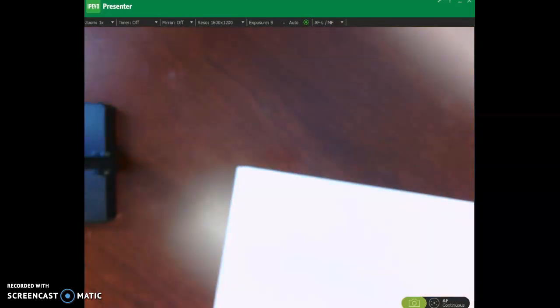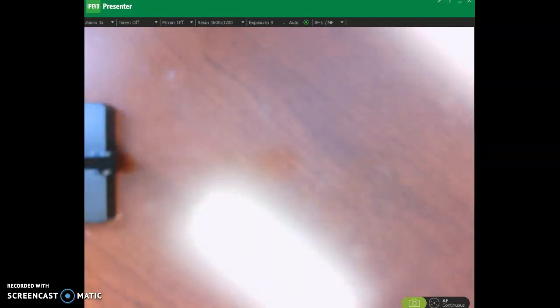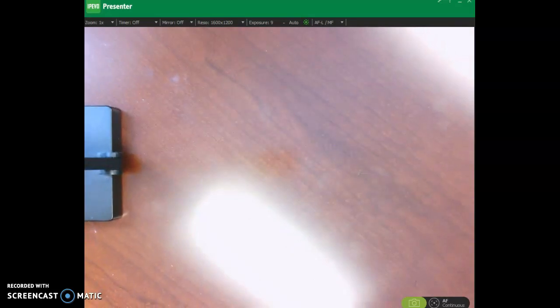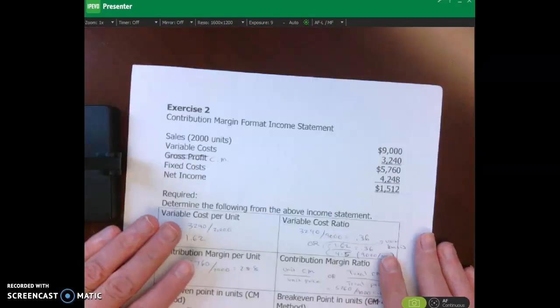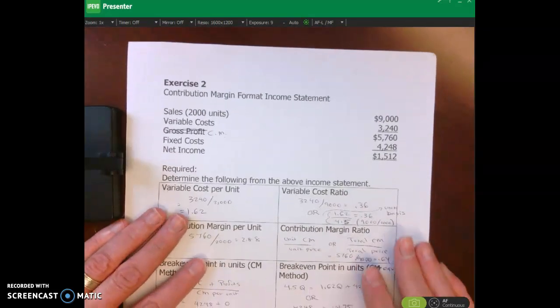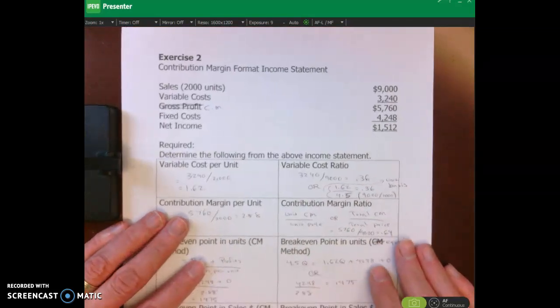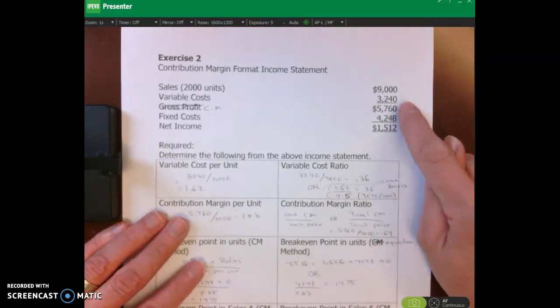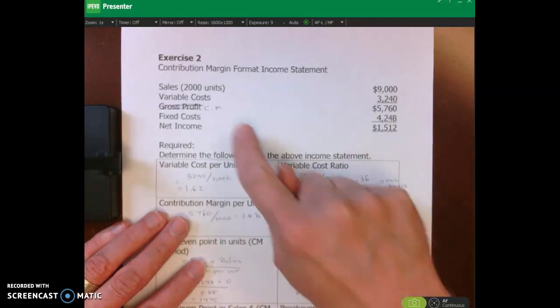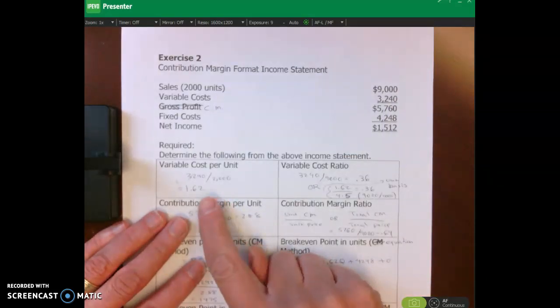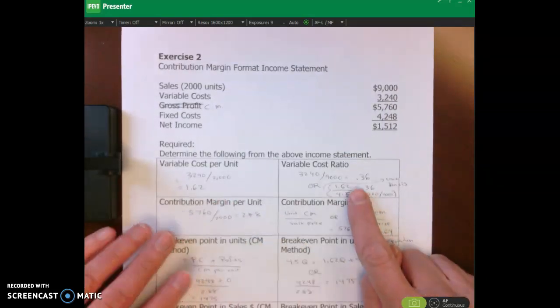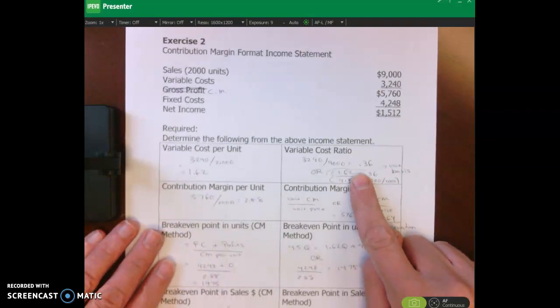Okay. And we look over here at additional exercise 2. So my variable cost per unit, I have to take my total variable cost divided by 2,000, which gives me $1.62. I said not to do the variable cost ratio. You don't need to worry about that.